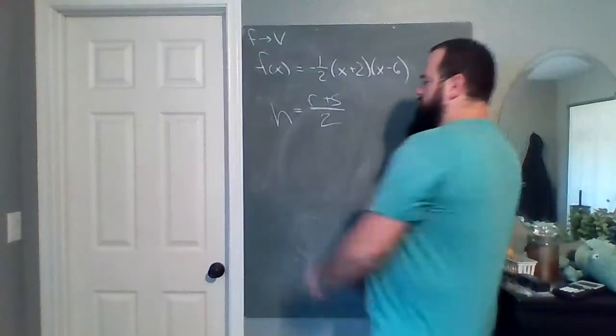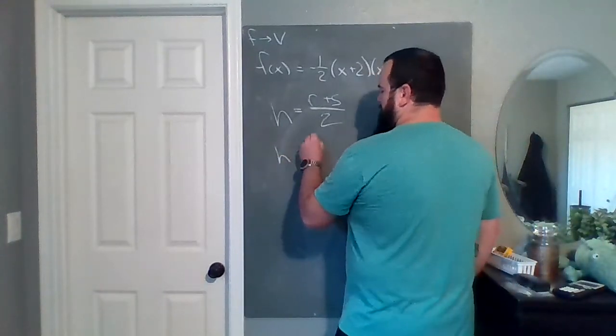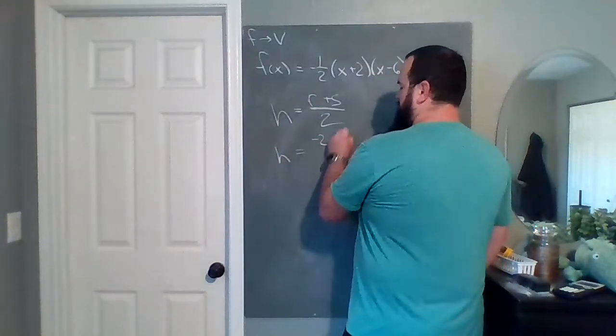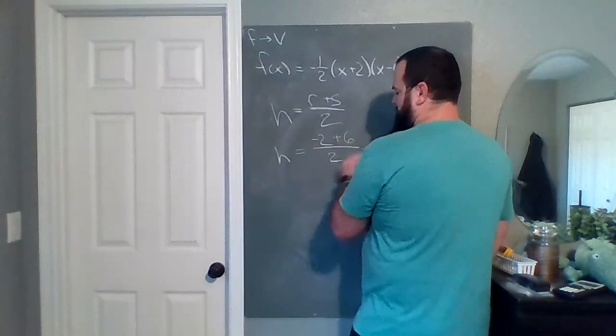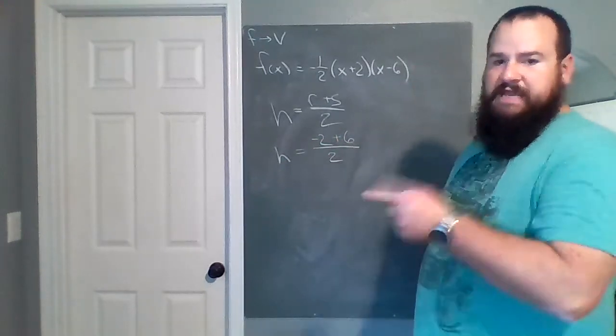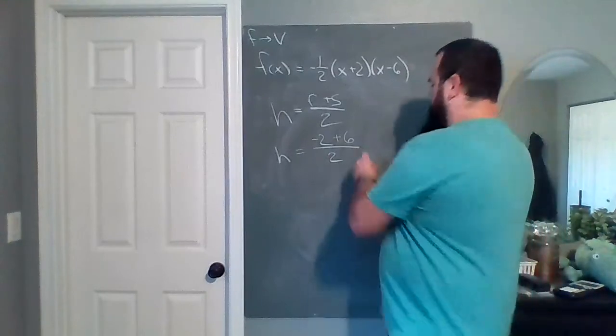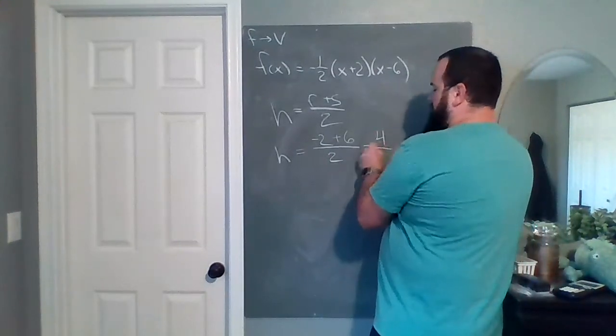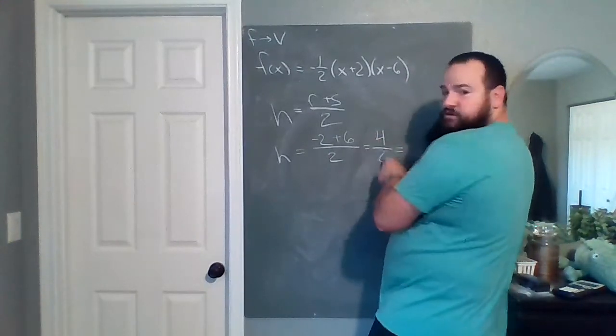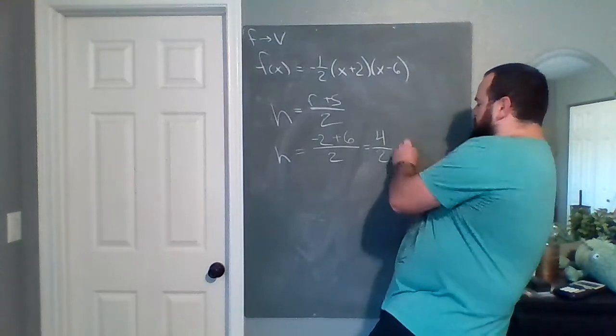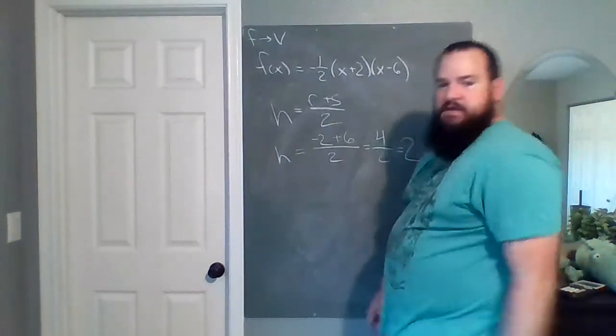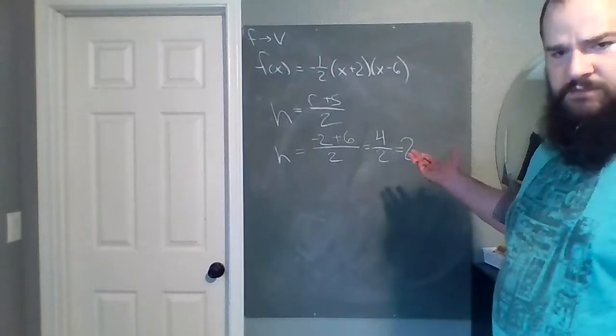In our problem, h is -2 plus 6 over 2. -2 plus 6 gives me 4, and 4 divided by 2 gives me 2. h is 2, which we already knew, didn't we?